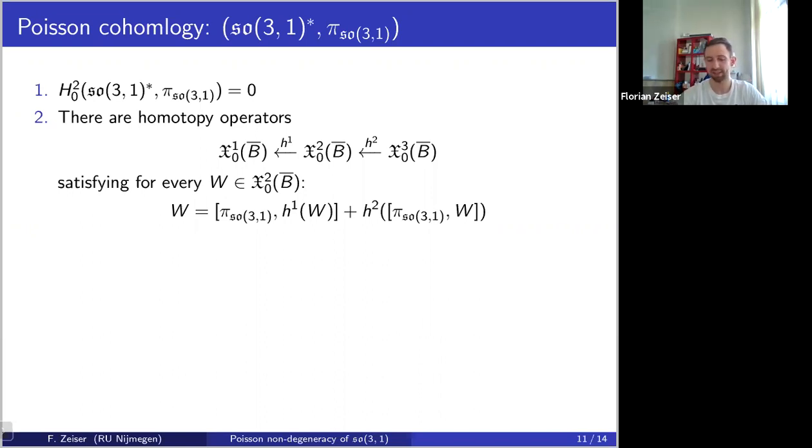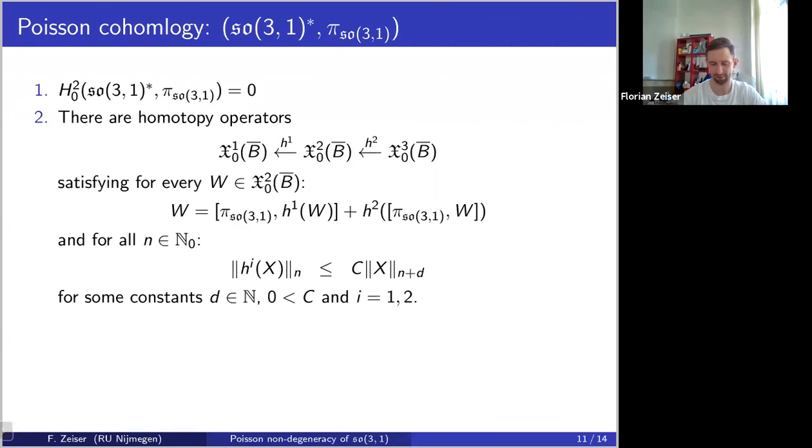But then in the main idea, we had this word "nice" homotopy operators. So what does nice mean for us? In order to apply Nash-Moser techniques, what one would want nice to mean is the following. X here is a multivector field in the right degree, such that H_i can act on it.